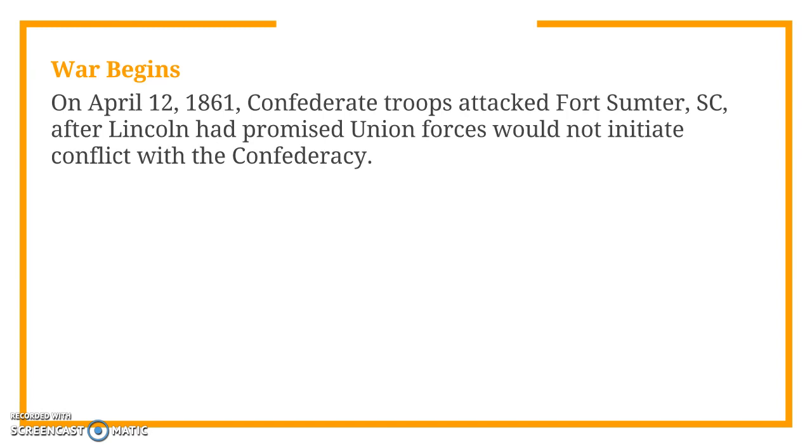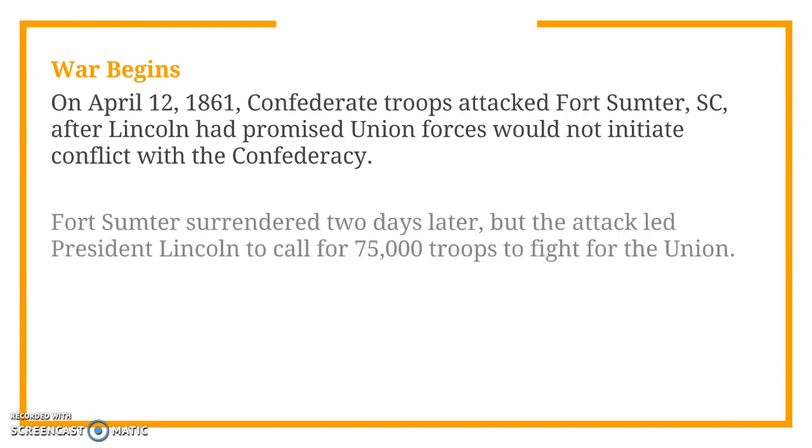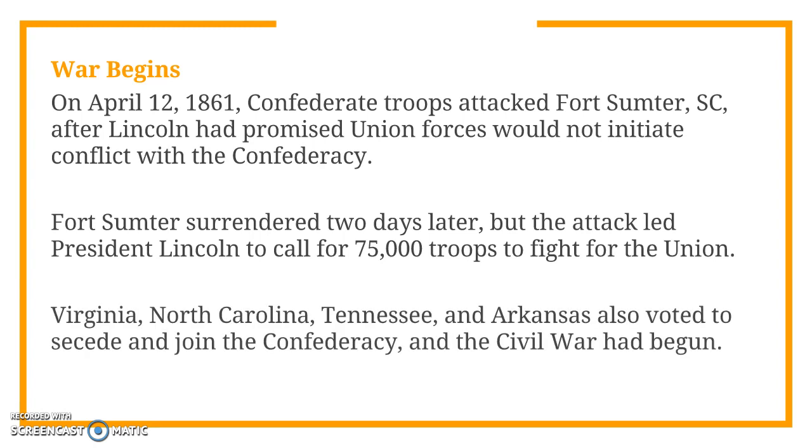So after Lincoln had said that there would be no violence from the North, the South were the ones who fired the first shots. Fort Sumter would surrender 2 days later, so it fell into the hands of the South. But the attack led Lincoln to call for 75,000 troops to fight for the Union, and it became very clear that war was going to begin.